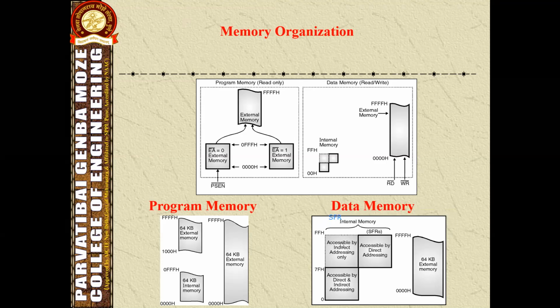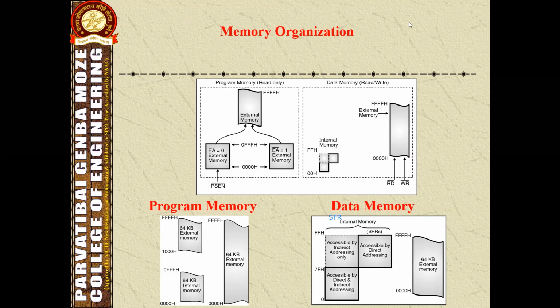The address space from 80H to FFH is used by the special function registers. The upper 128 bytes and the SFRs occupy the same block of address space.